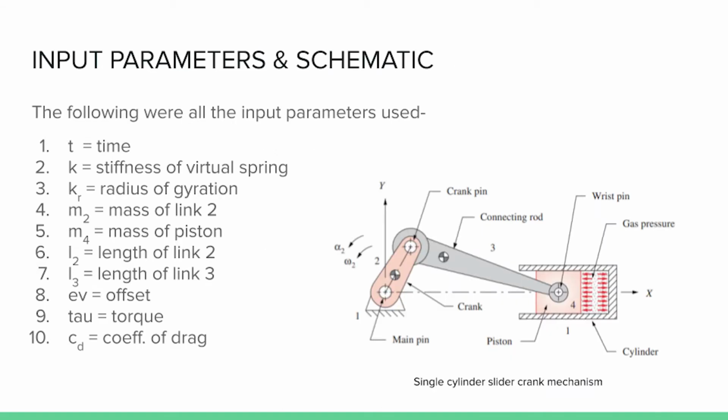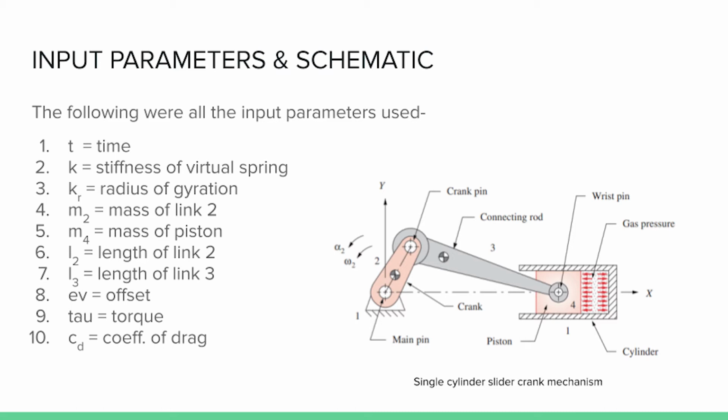Now I will talk about the various input parameters that we used to perform the analysis. Firstly, we used time, which was represented by the letter T. We used stiffness of a virtual spring, which is represented by the letter K. We used the radius of gyration, which is represented by the letter Kr. We used the mass of link 2, which was M2, and the mass of the piston, which is represented by M4.